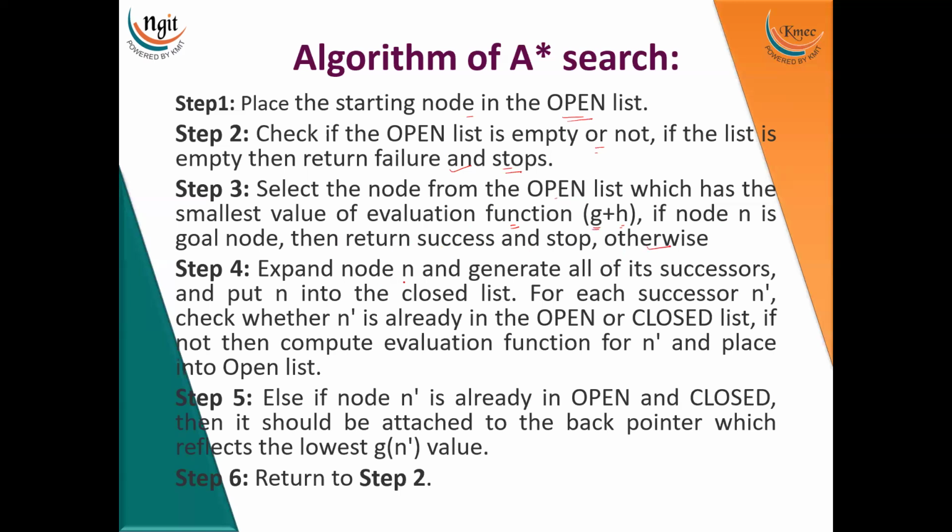Otherwise, expand node n, generate all of its successors, and put n into the closed list. For each successor, check whether it is already in the open or closed list. If not, compute the evaluation function for that node and place it into the open list. Else, if the node is already in open or closed, attach the back pointer which reflects the lowest g of n value. Then return to step 2. This process continues until we reach the goal state.